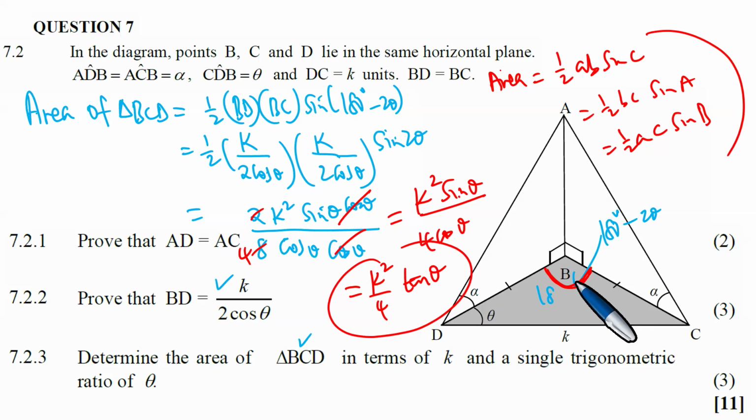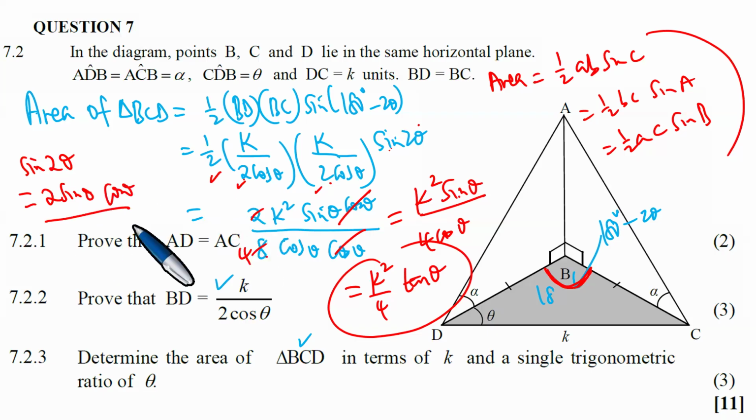Or the 2 over 8. Yeah, the 2 over 8. Okay, because there is half, 2, 2. 2 times 2 is 4. 4 times 2 is 8. Then sine 2 theta. What is sine 2 theta? It is 2 sine theta cosine theta.